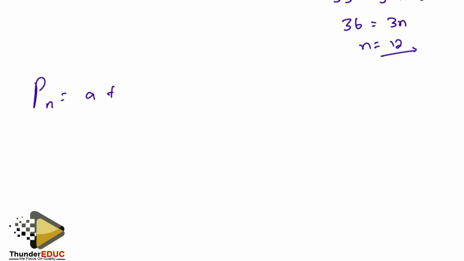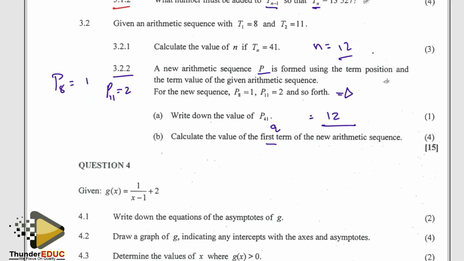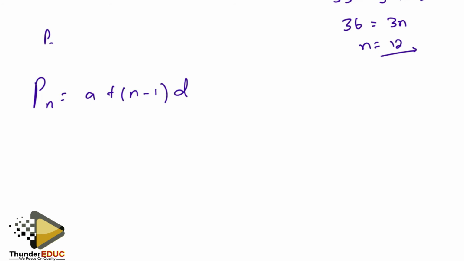Remember, it's arithmetic, so there's not much of a difference. What were we told? We were told that P8 is 1. So where there is n, I'll replace 8. Where there is Pn, I'll put 1. So 1 is equal to a plus 7d.